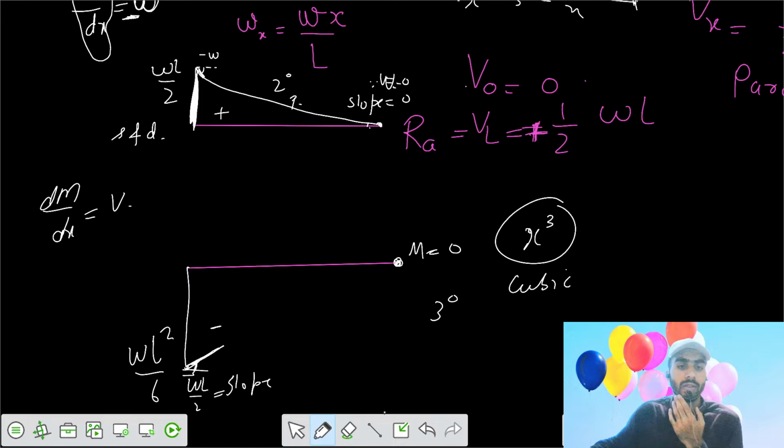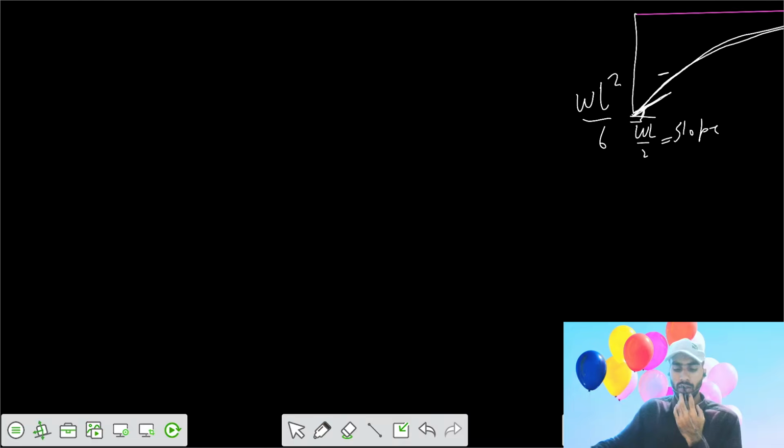If your curve is this way, since the shear force here is 0, the slope has to be 0. So we can connect the 2 points by this one. It is a cubic variation.